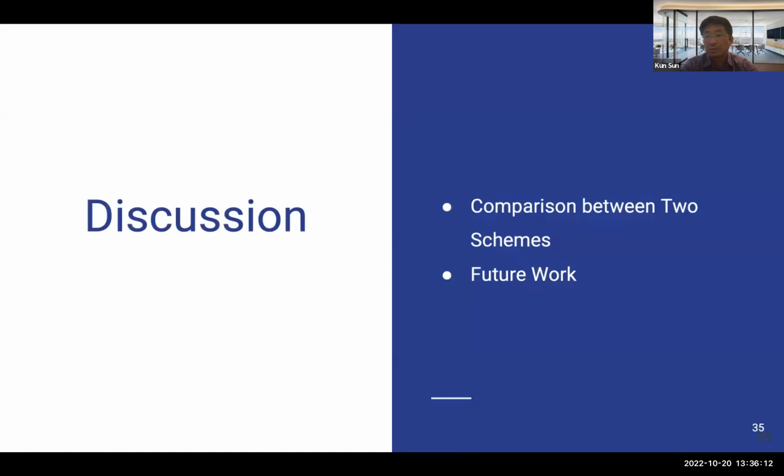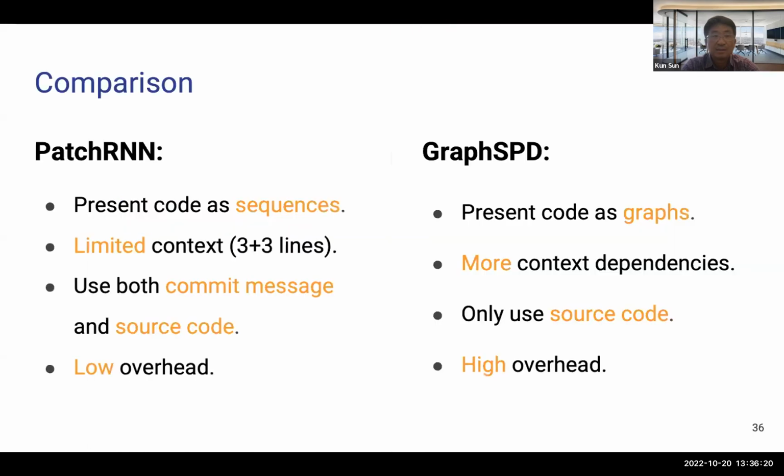So here we provide some further discussion of these two schemes, PatchRNN and GraphSPD. PatchRNN just uses the code as sequences, right? And GraphSPD, from the name, is based on a graph neural network. So it presents code as graphs, and we have nodes and edges in this graph.